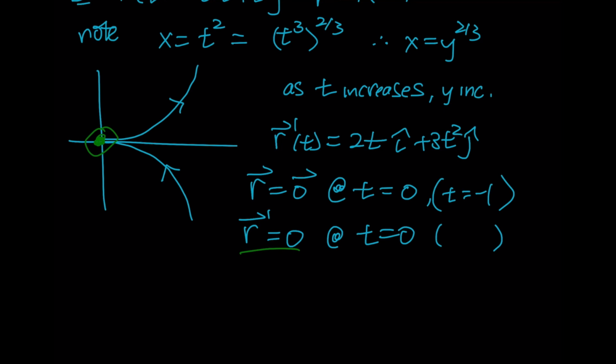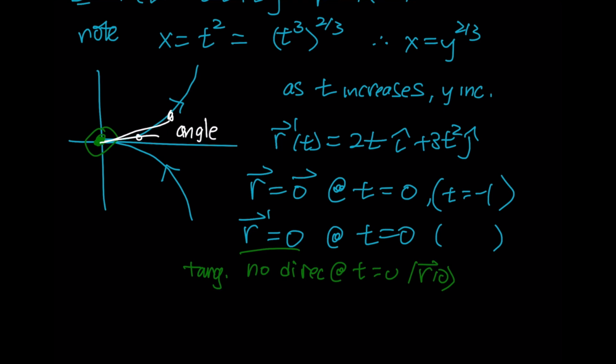The tangent has no direction when I'm at this location. If I were to take secant slopes over on this side, here the tangent vector is pointing outward, but here the tangent vector is pointing this way.